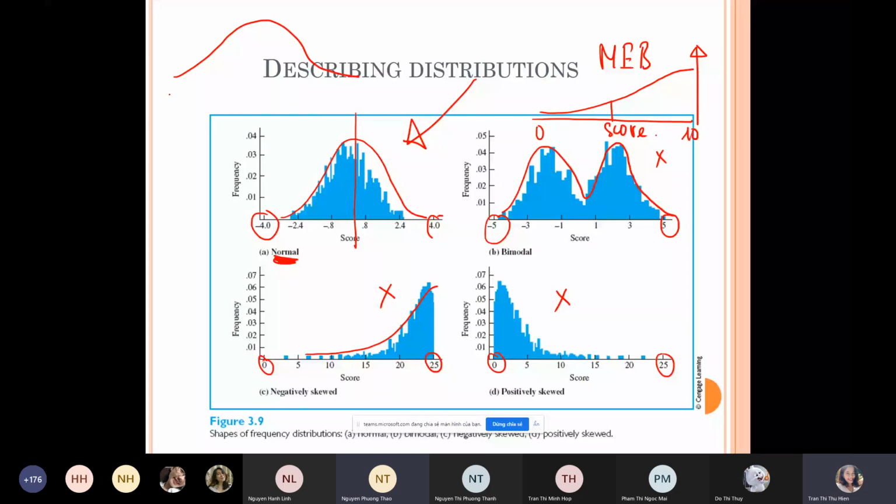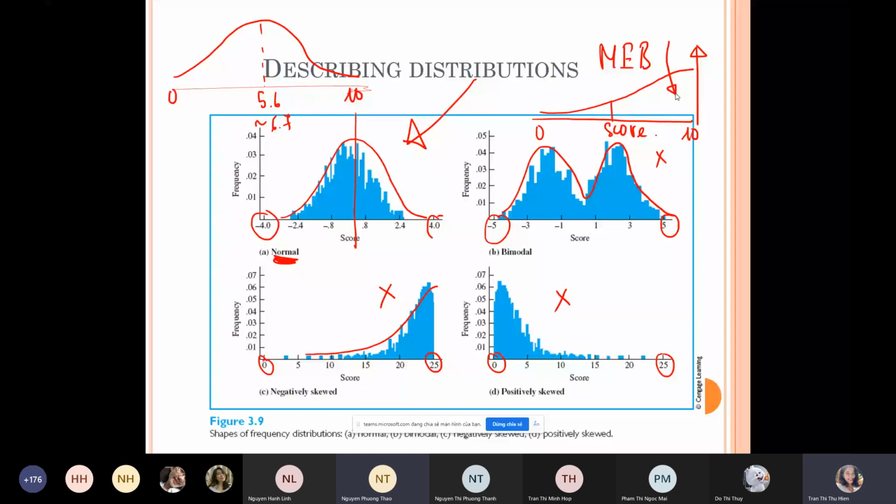For 0 to 10, the average was maybe 5.6 or 6.7, I don't remember exactly, so it is normal. But in the previous semester your score was skewed negatively. So it means that we predict some students cheated in the test.